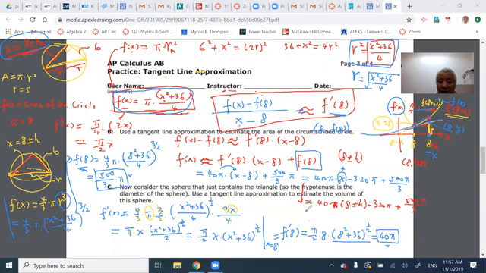Now it's really in. So you get 320 pi plus or minus 40 pi h, and then minus 320 pi and plus 500 pi over 3.